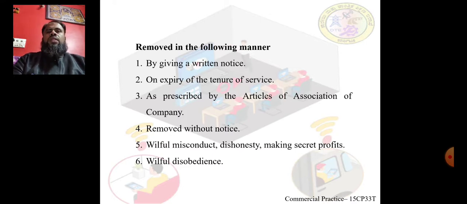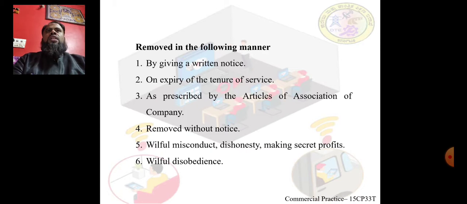Without giving a notice, a company secretary cannot be removed, as per the terms and conditions of the service agreement entered between the company secretary and the board of directors. But this point number 4 says that a company secretary can be removed without giving any notice, but in certain situations.